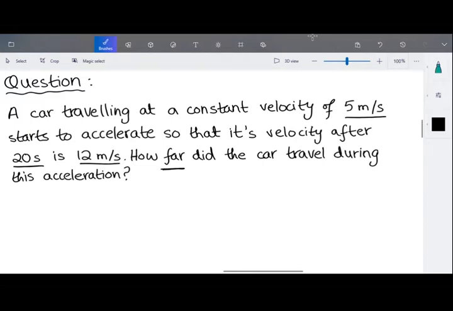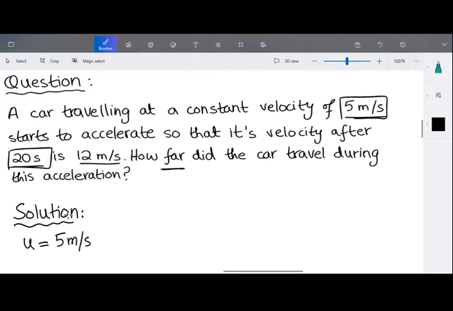Before you actually try and solve the question, it's always a good practice to write down the knowns and the unknowns in the question, right? So what we know is the velocity of the car before it starts to accelerate. So that's our initial velocity, which is 5 meters per second. We know that it accelerates for 20 seconds, which means that our time is going to be 20 seconds.